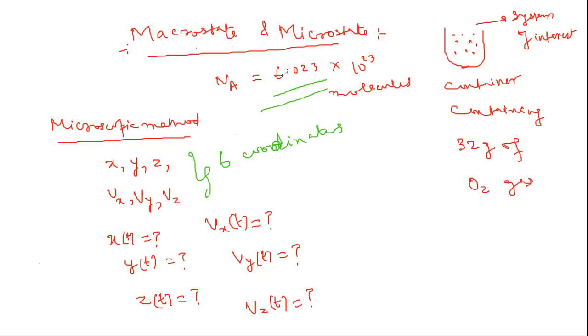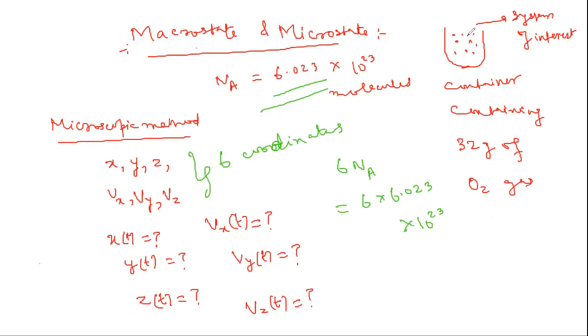So for this many particles, you will have to specify 6Na, which is 6 into 6.023 into 10 raised power 23 velocity and position coordinates in total.